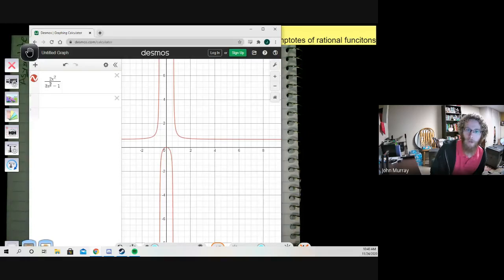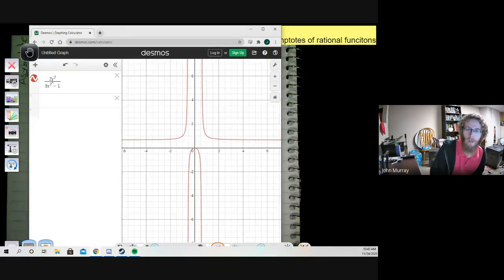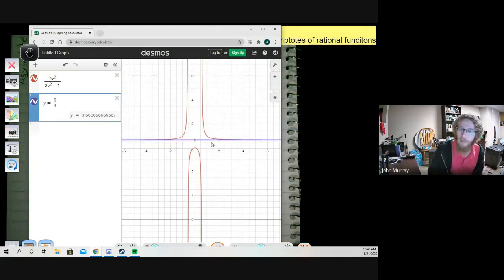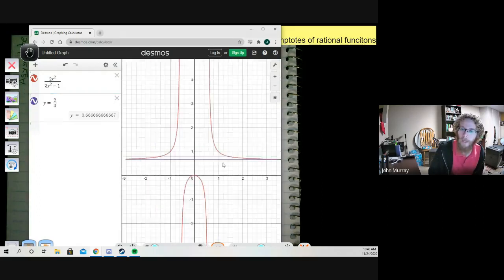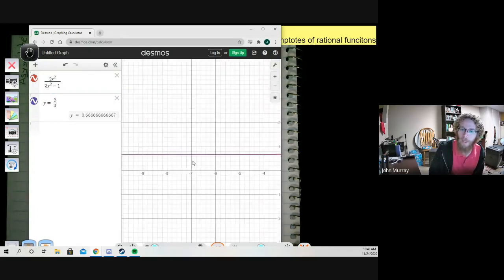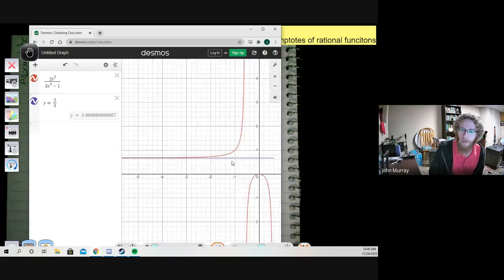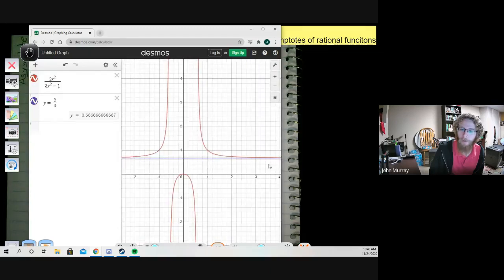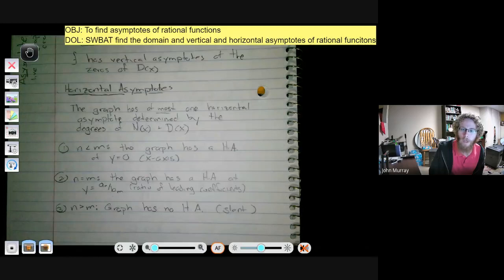But here I have 2x squared over 3x squared minus 1. Looking at my coefficients, I have 2 over 3. So if I graph the line y equals 2 over 3, there's my asymptote. My graph won't touch that line. Again, it gets really, really close, but it'll never touch.